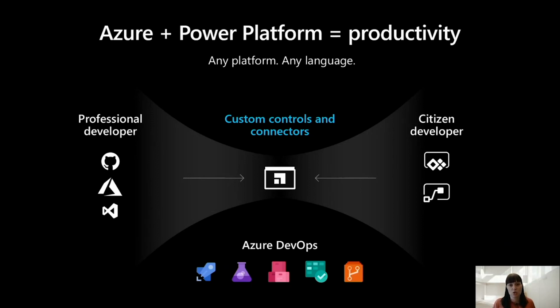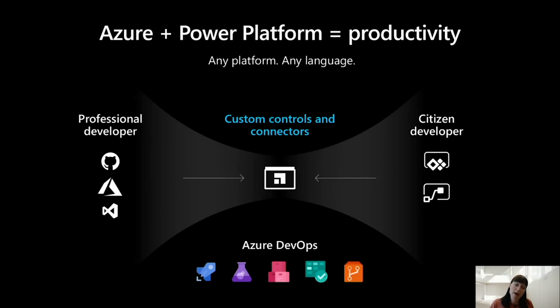And the two scenarios where we see a lot of these fusion teams, where professional developers and citizen developers come together in a team, are these. The custom controls, like either I want to quickly build a UI on top of a function or a legacy system, or I'm a citizen developer and I ran out of steam, so I need a specific component that doesn't come out of the box.